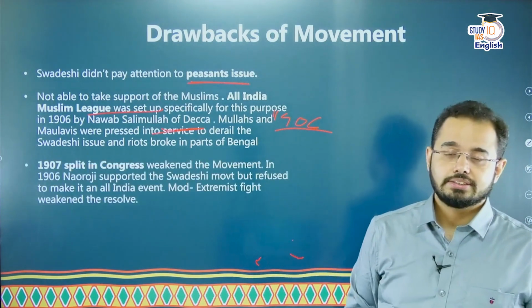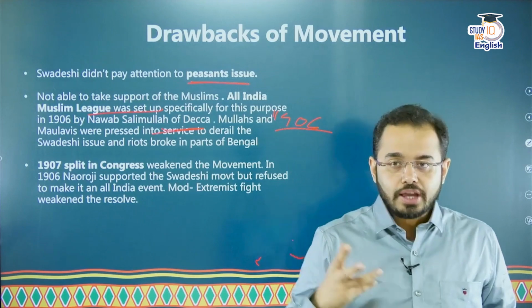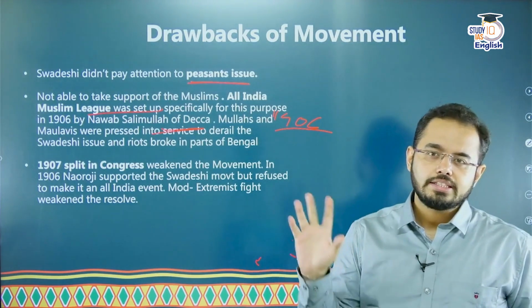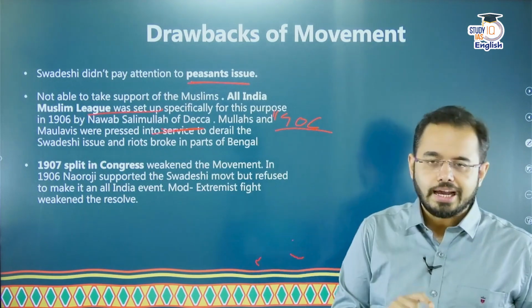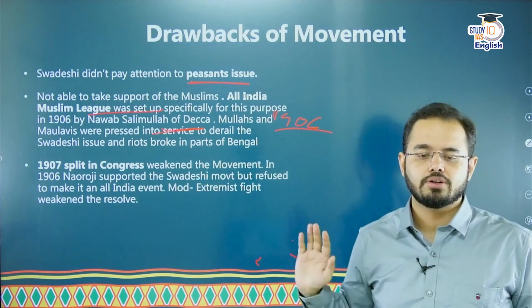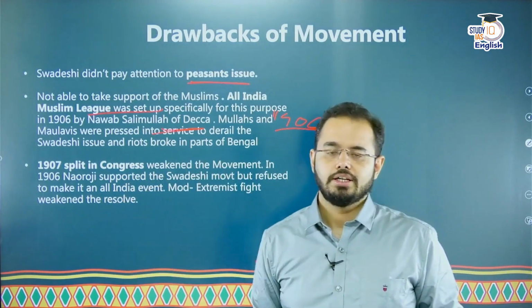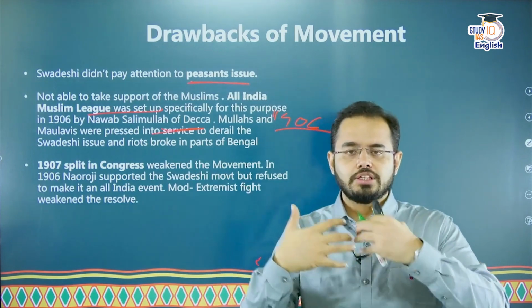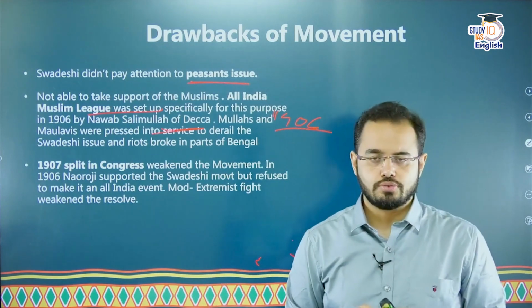The third reason why the movement was failing was division within the Congress. In 1905, Bengal got partitioned, and in 1907, Congress got partitioned. In 1907, there was a split in Congress, and you all know about the split, that it happened because of the tensions between the moderate and the extremist factions of the Congress.